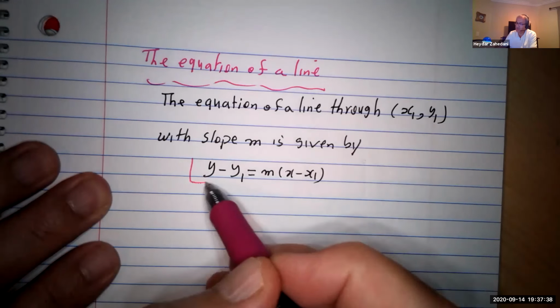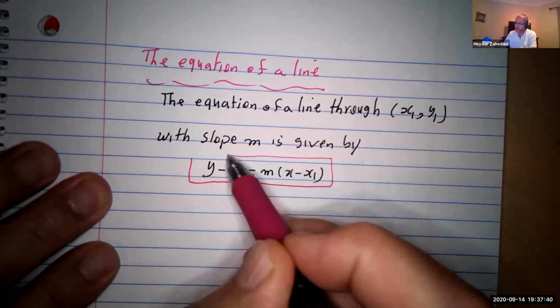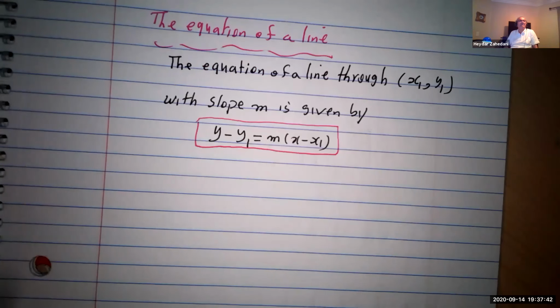That's the formula for the equation of the line, which is very popular. If you take calculus, you need this formula all through that course. So if a point and the slope are given, just substitute to get the result.